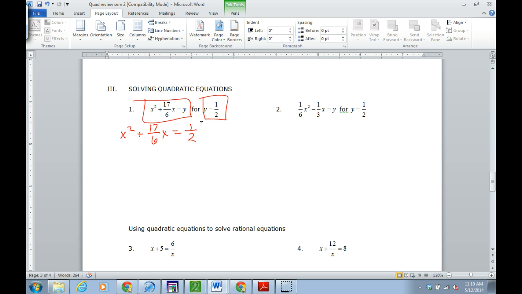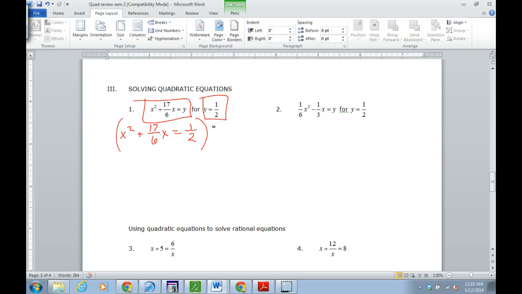Now, most of you probably don't like fractions like I do. I don't like fractions, and I'm a math teacher, and I don't like them. So, I always look for the way to get rid of them, and so how do you get rid of them? Common denominator. I'm going to multiply the entire sentence by what? By what? Nope. Common denominator.